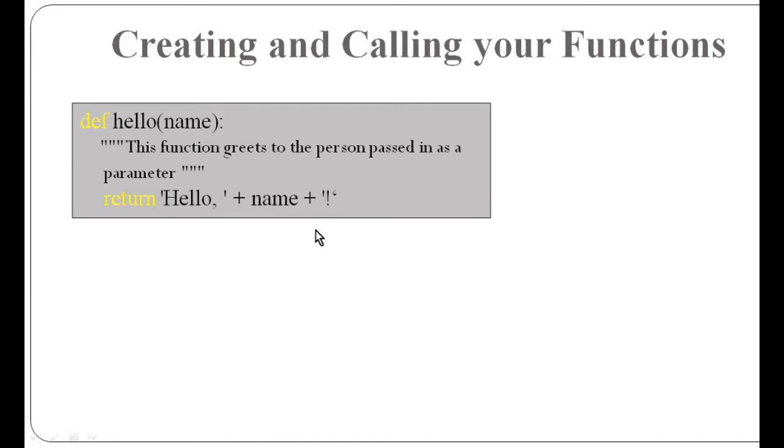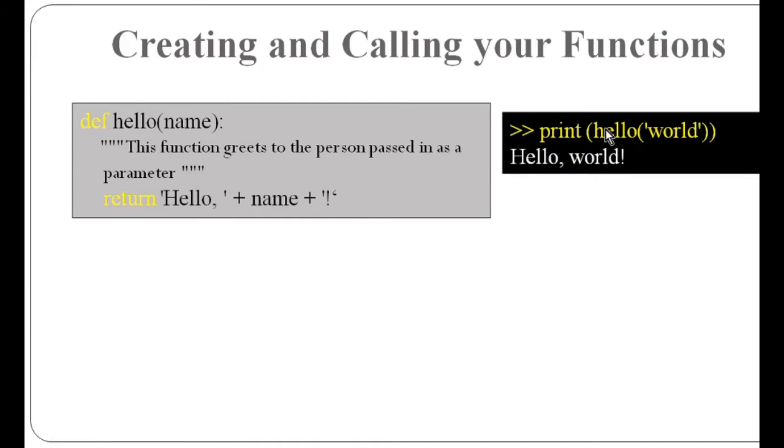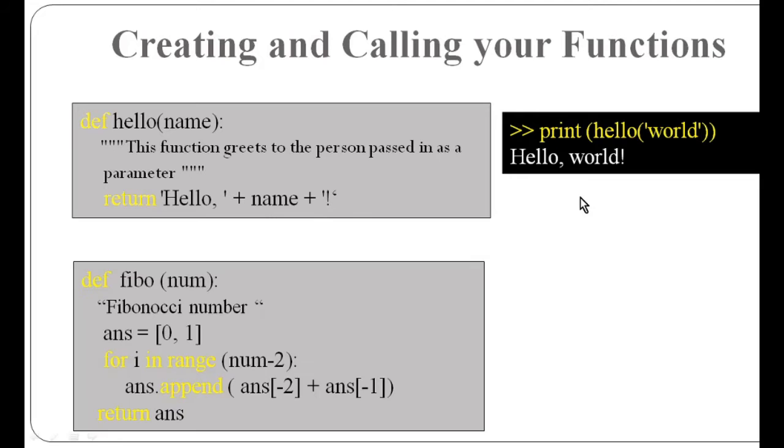We'll see how the function can be called. I can just say print hello world. So this world will be passed on to this name, and then here you can see that hello is concatenated with the world and with an exclamation mark it will be printed. So hello world.